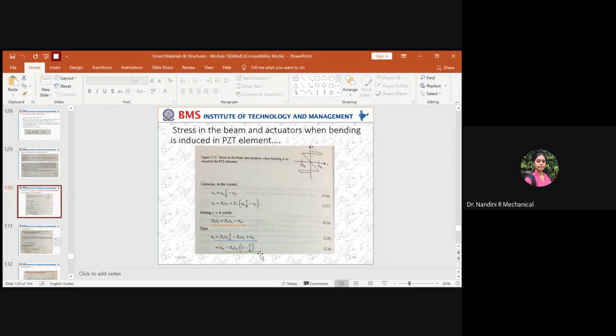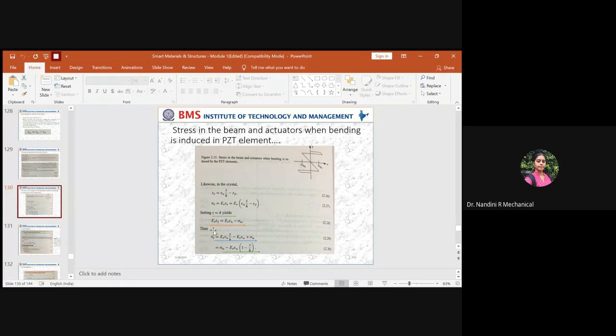So now you have the equation which has the combination of stress and the strain together. Until now, we used to evaluate the strain separately and stress separately with respect to the neutral axis. So now, after assuming Z is equal to H, we got an equation for free strain also associated with elastic modulus.